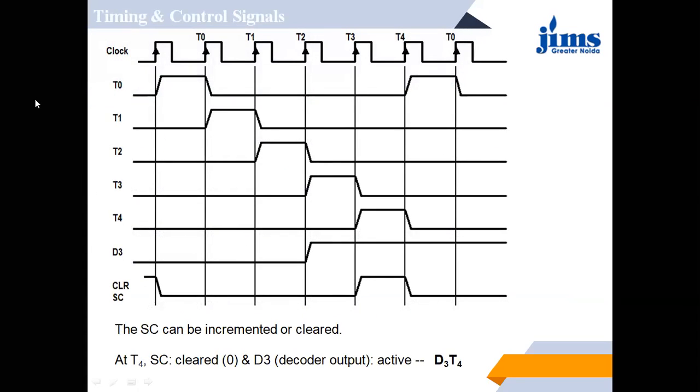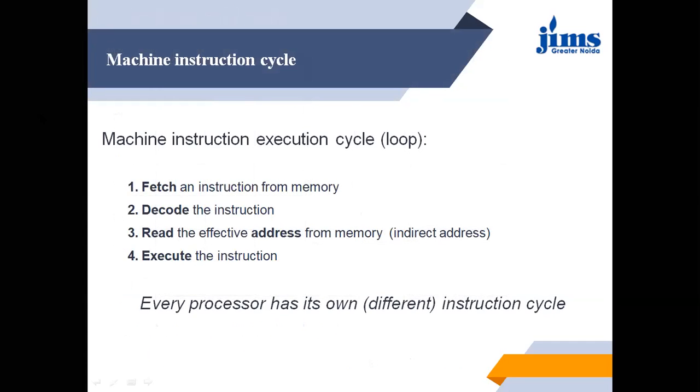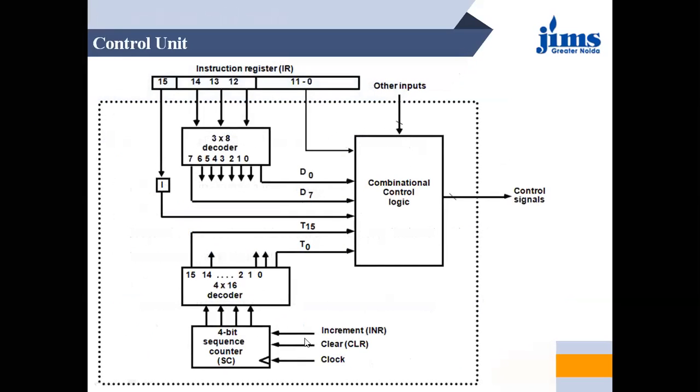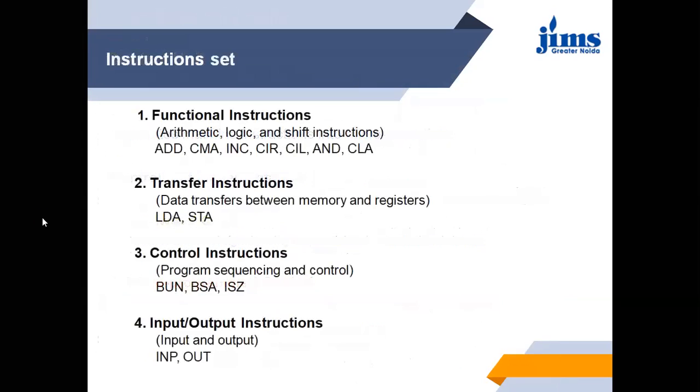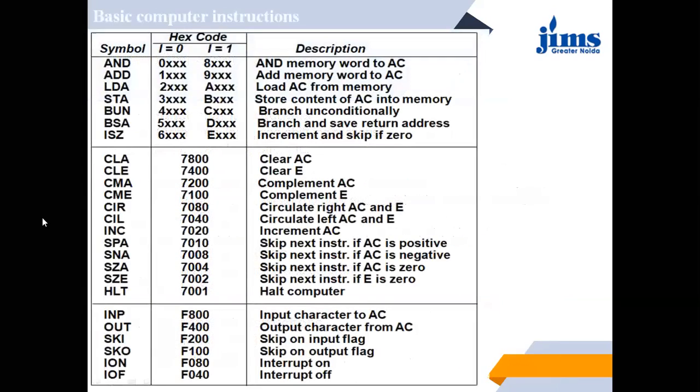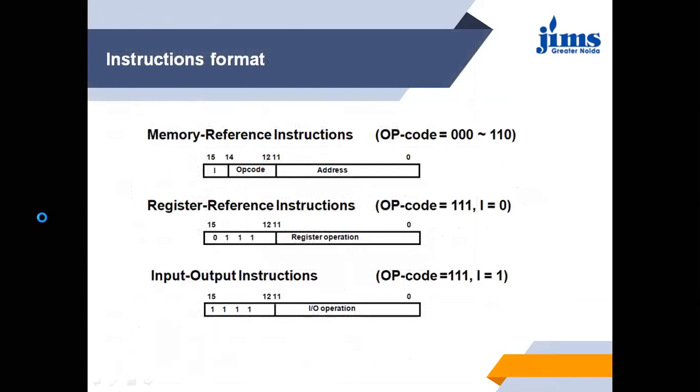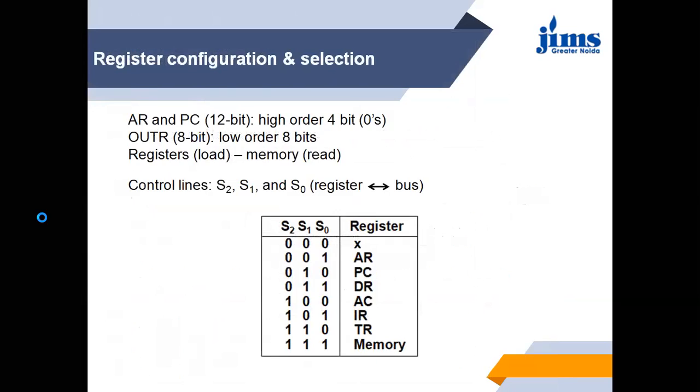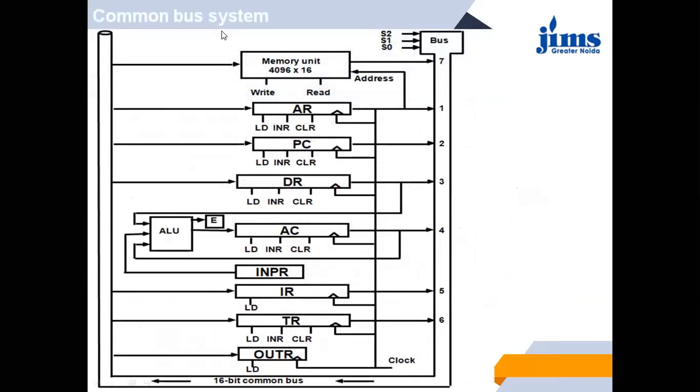Now, timing and control. As I told you in the last slide also, everything happens with a clock pulse. We can see from here that the operations are going to be performed with the clock, meaning when the clock gives the signal, at that time the operations are going to be performed.